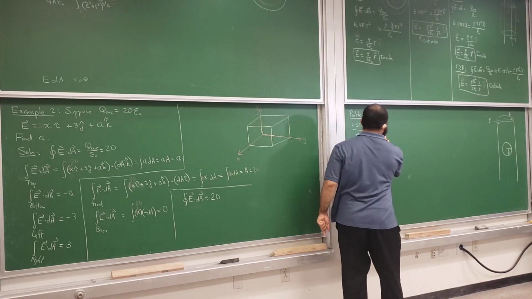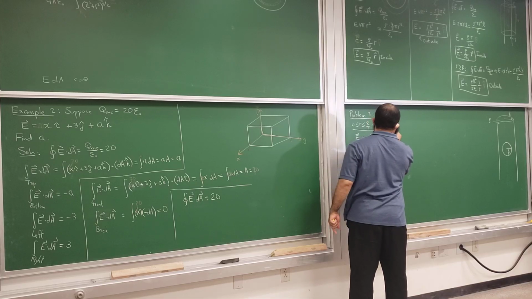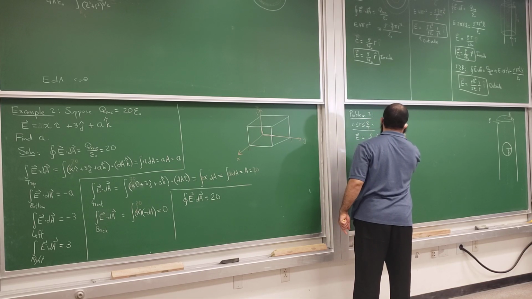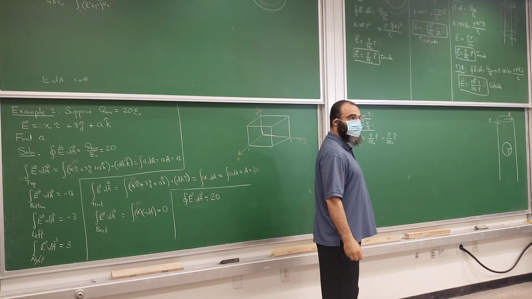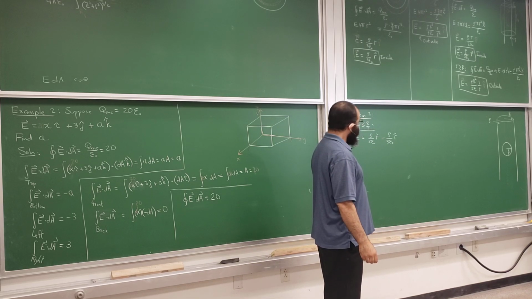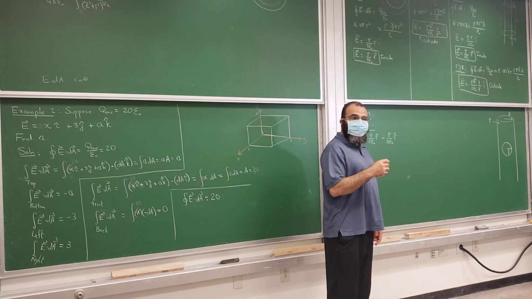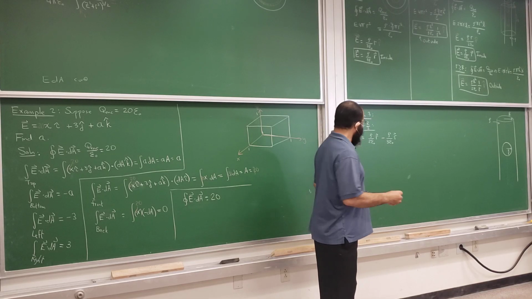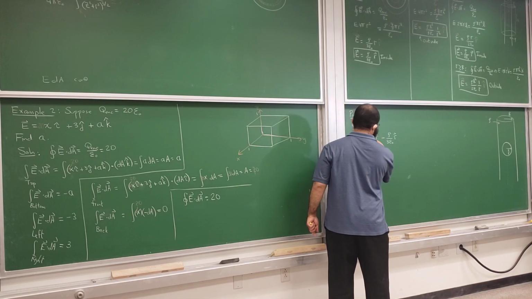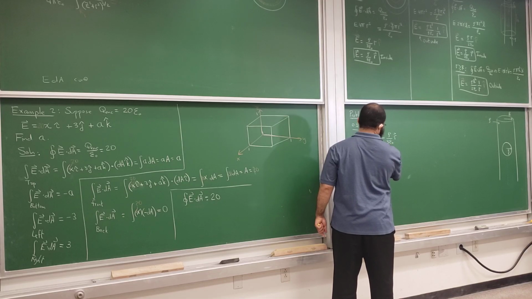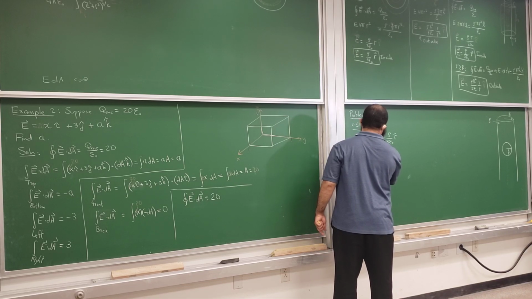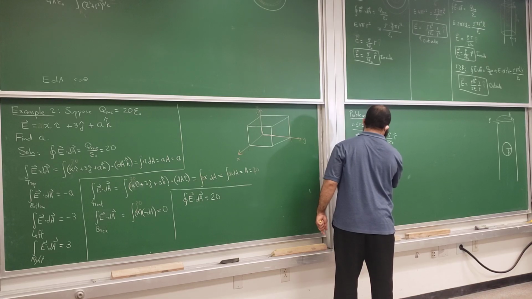So I will put minus rho over epsilon naught r. See, a really difficult problem or intimidating looking problem becomes really easy. So we subtract them, we get a half minus a third becomes a sixth. We get rho over 6 epsilon naught.